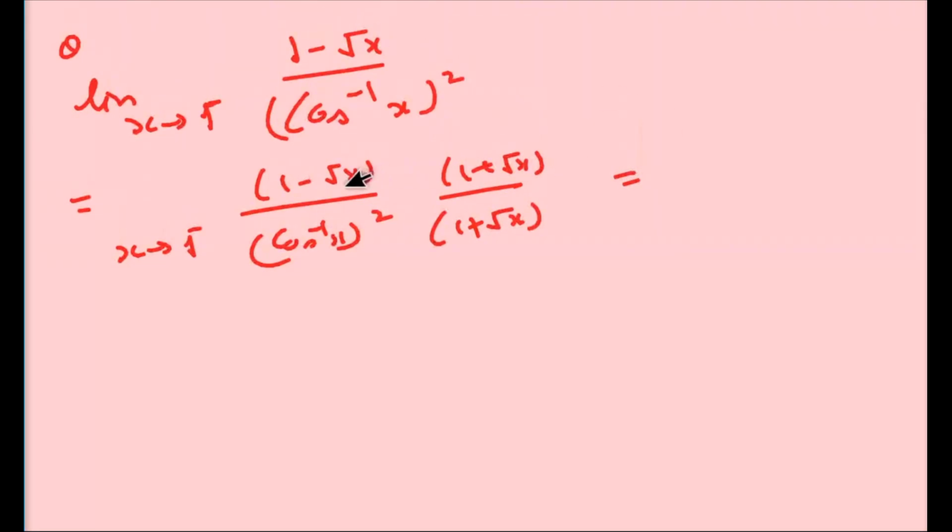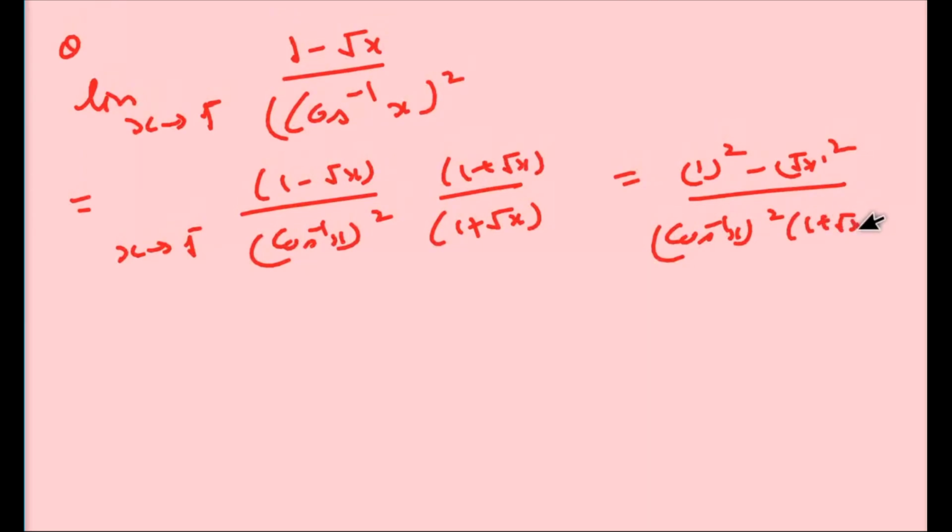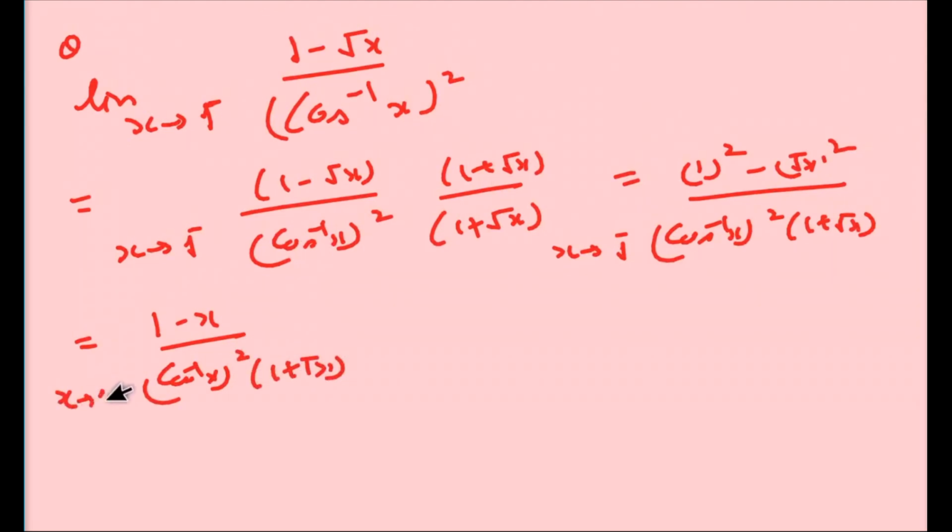So using a minus b times a plus b, we use the formula a square minus b square, and in the denominator we have (cos inverse x) whole square times 1 plus root x, x tends towards 1 minus. So the next term is 1 minus x upon (cos inverse x) whole square times 1 plus root x, x tends towards 1 minus.